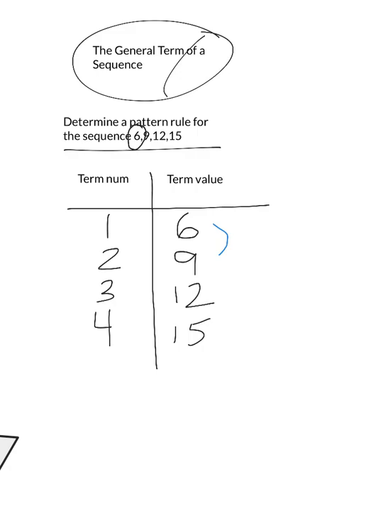From 6 to 9, from 9 to 12, and from 12 to 15, it's increasing by 3. So plus 3, plus 3, plus 3.